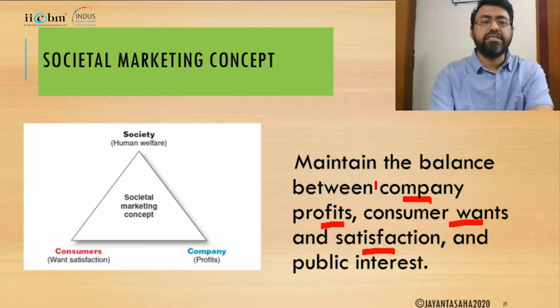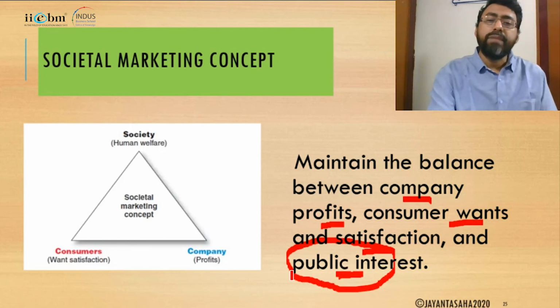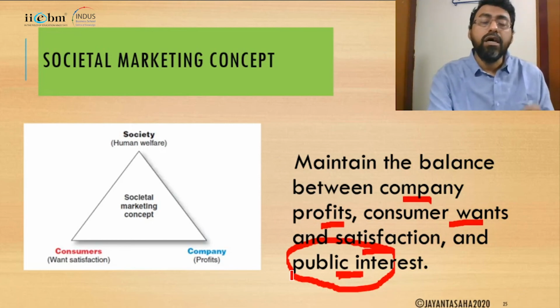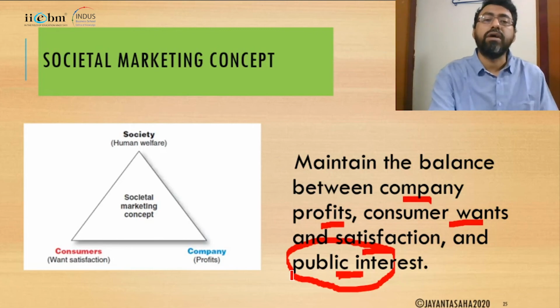So as far as maintaining balance between company profits, consumer wants and satisfaction, and public interest, this particular factor is a new factor in societal marketing. So it basically holds that companies should also be doing their business in such a manner that the interest of the public is always kept in mind.